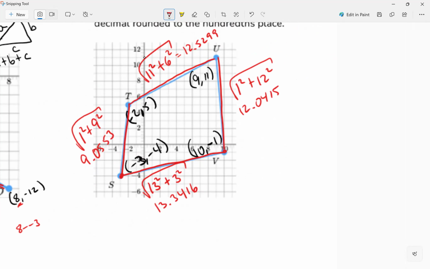So let me highlight my four sides. So I want to add that. So let's see, 12.5299 plus 12.0415 plus 13.3416 plus 9.0553.